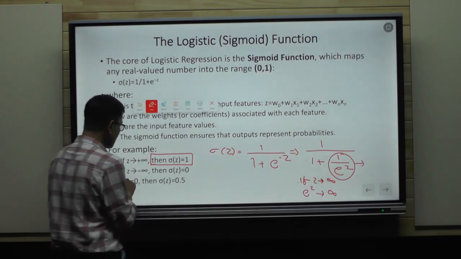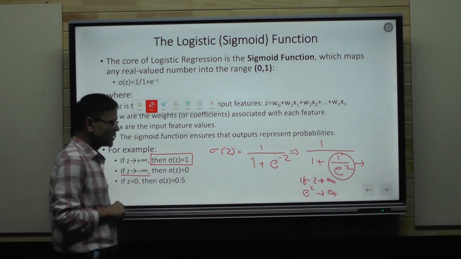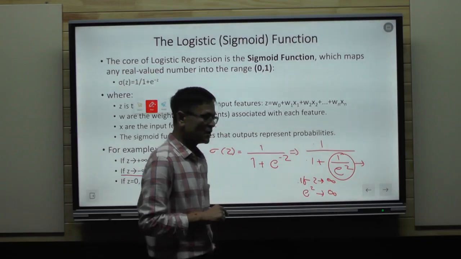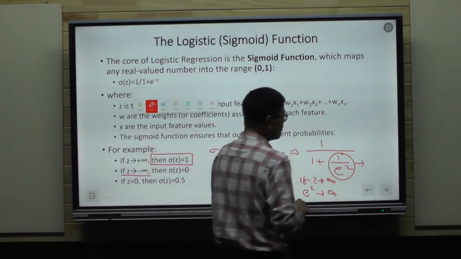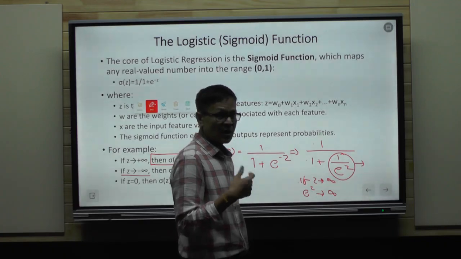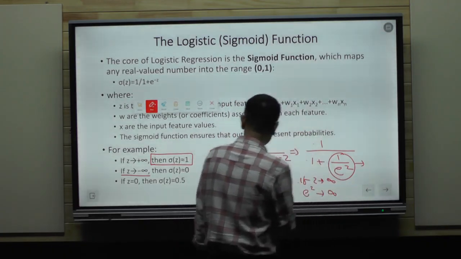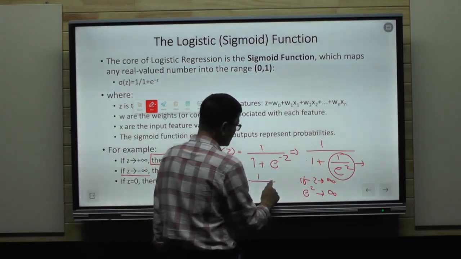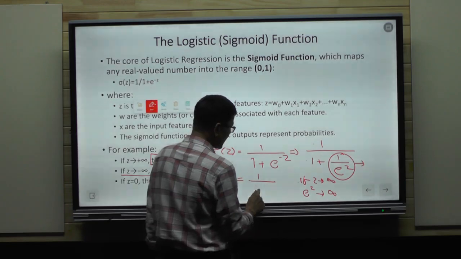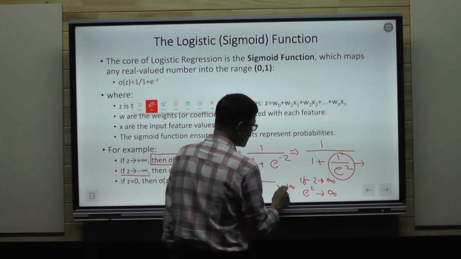Now what will happen if z approaches negative infinity? This particular fraction will be very large. So we have 1 upon a number n, where n is going towards infinity.